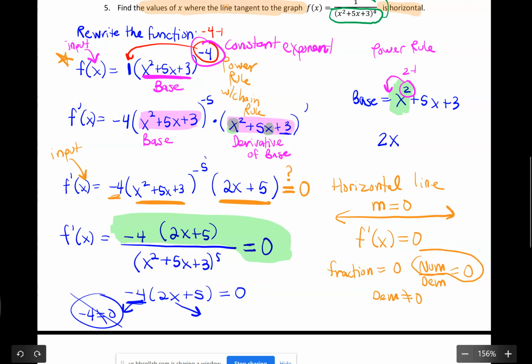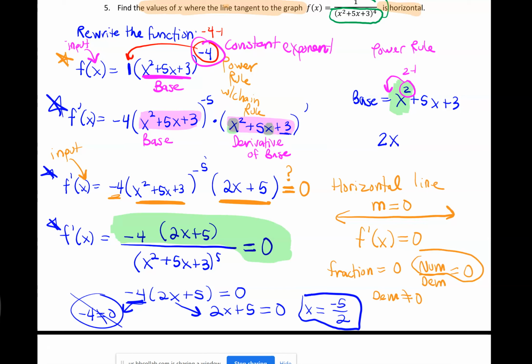Or this binomial is going to equal 0. So we just solve that. Subtract the 5, divide by 2. Just solve that like a regular equation. This is the value of x that if I plug it into any form of the derivative, it would create an output of 0. That would mean that tangent line is horizontal there.